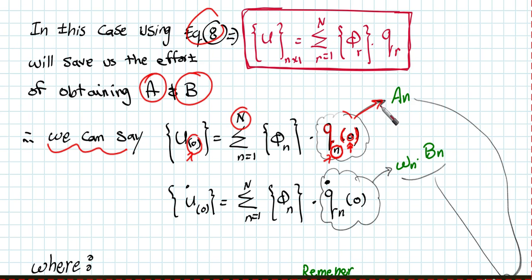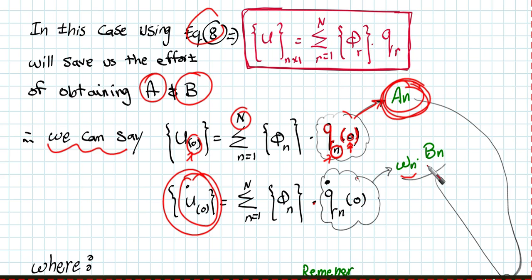This is considered to be an, the constant that we are seeking. For the velocity, it is going to be the same, but instead of multiplying omega n times bn, it is going to be qn, because this is particularly for this n-th mode.